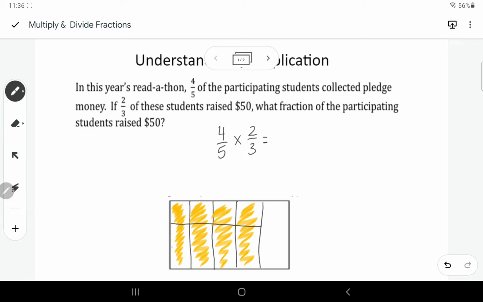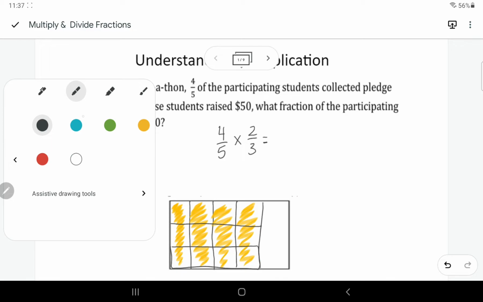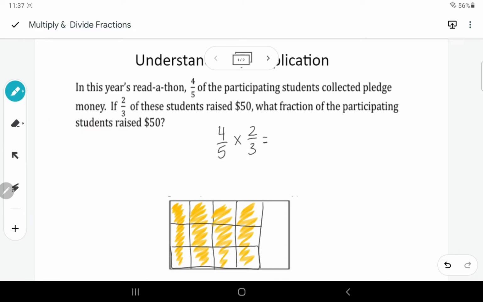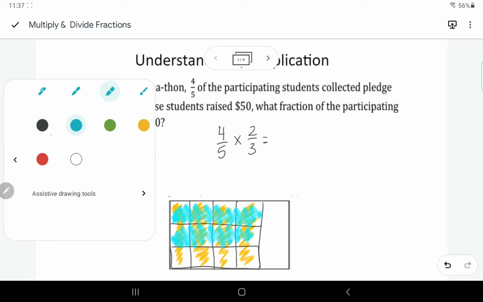So looking at the students who collected pledges and dividing it up into 1, 2, 3 sections, I'm going to highlight 2/3 of those sections, 2 out of those 3 sections. So there's 1 section there and 2 sections there. And those are the kids who collected at least $50.